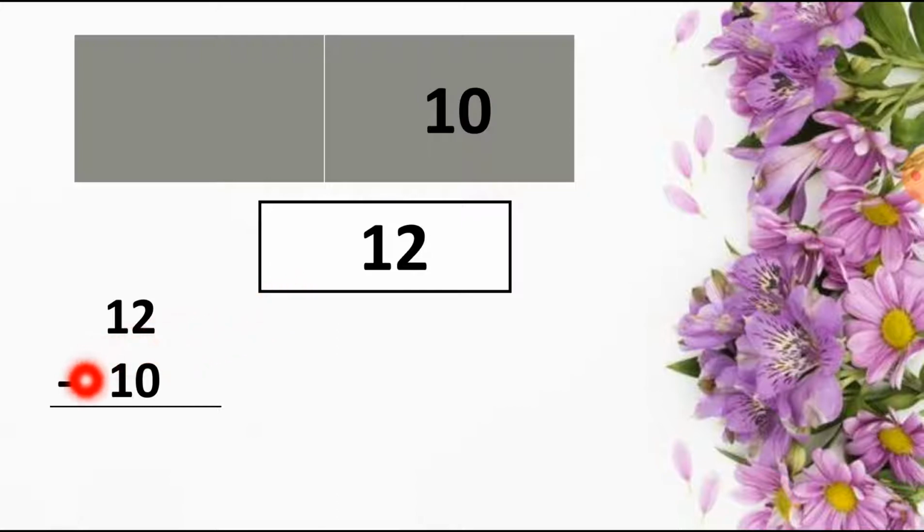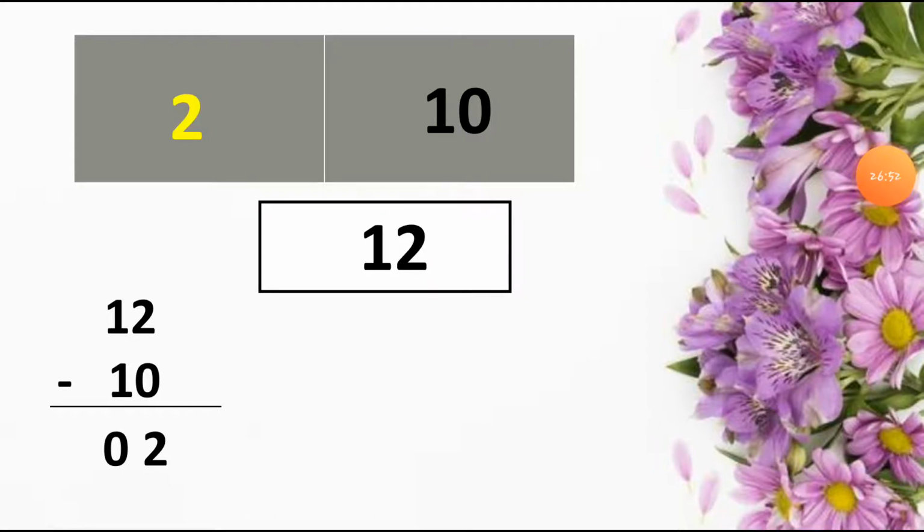So 12 minus 10: 2 minus 0 is equal to 2 and 1 minus 1 is equal to 0. So the answer of this box is 2. This way we can fill the empty boxes with the help of subtraction.